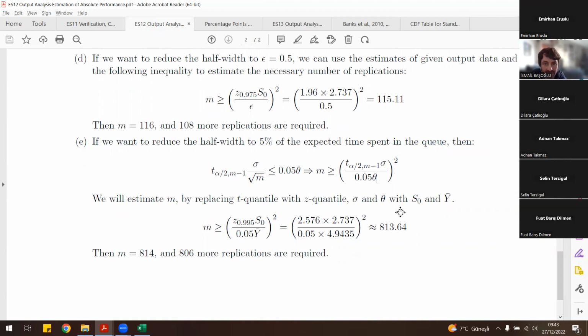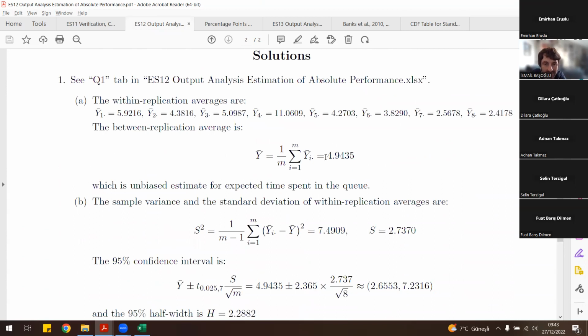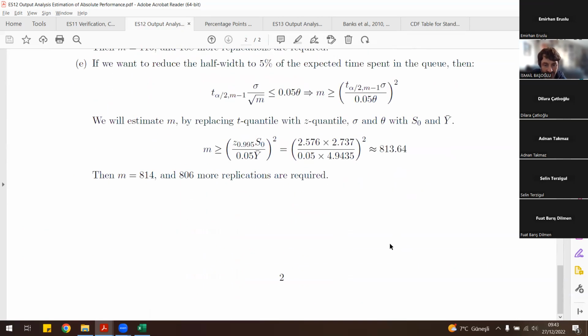In the first 8 replications, I have estimated the expected waiting time in the queue as 4.94 and the standard deviation across replications as 2.74. So I'm just going to replace these two unknown values with the statistical estimates that I collected from my pilot study of 8 replications.